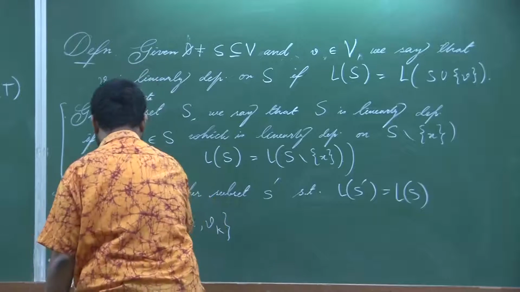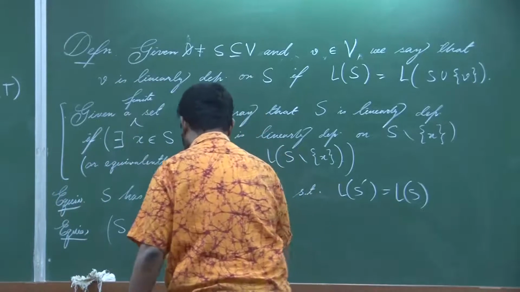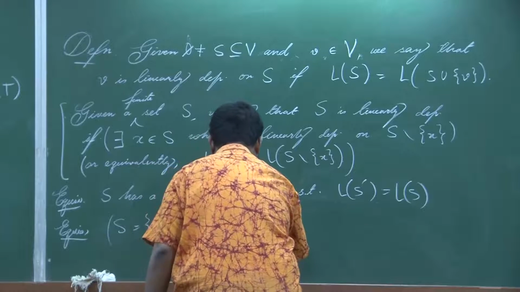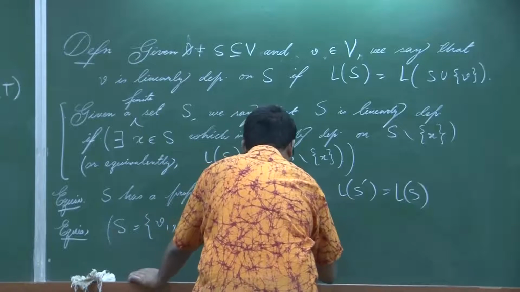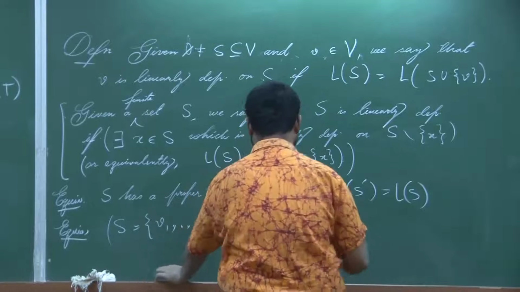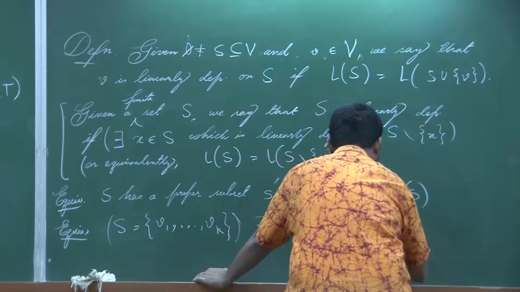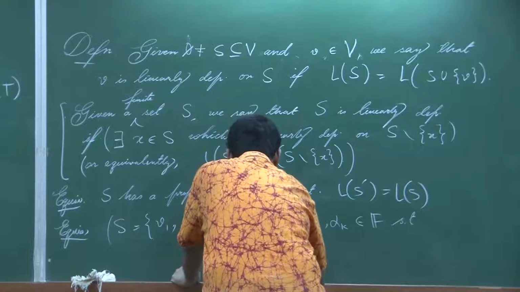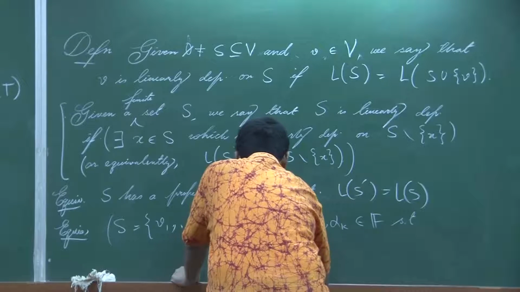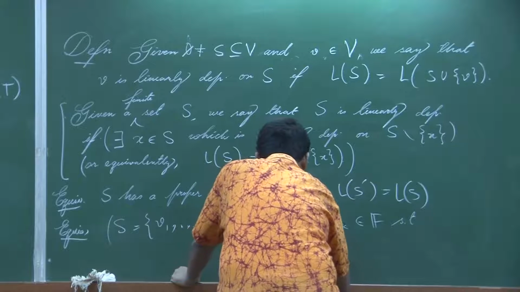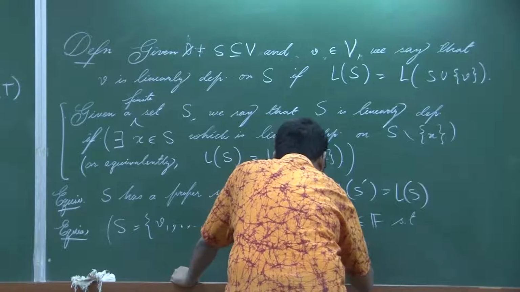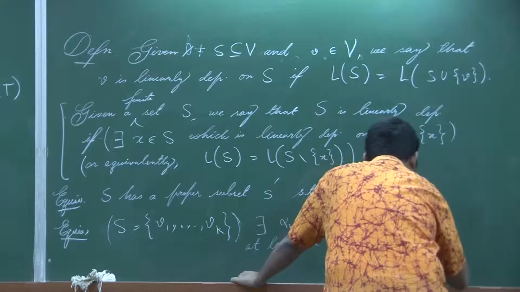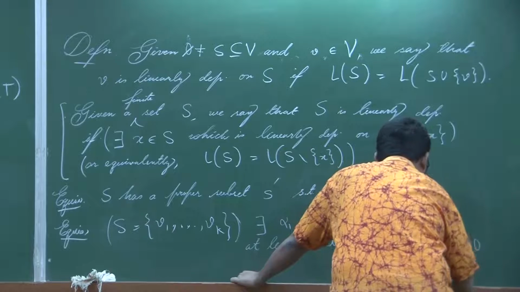Equivalently, there exist scalars alpha 0 to alpha k such that at least one alpha is non-zero and the summation of alpha i V i is 0.